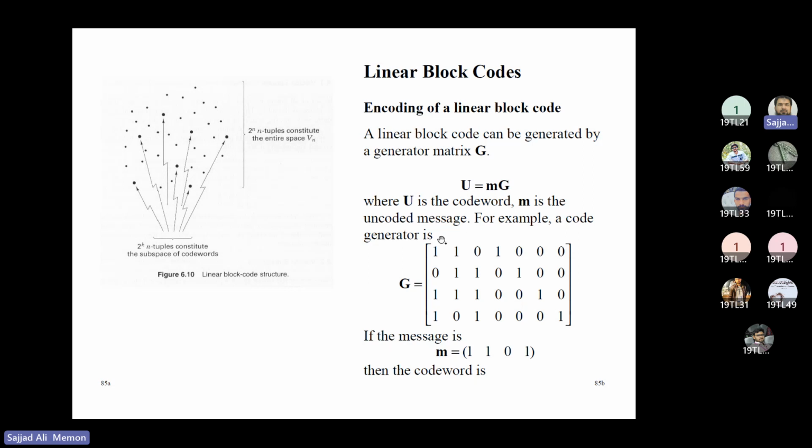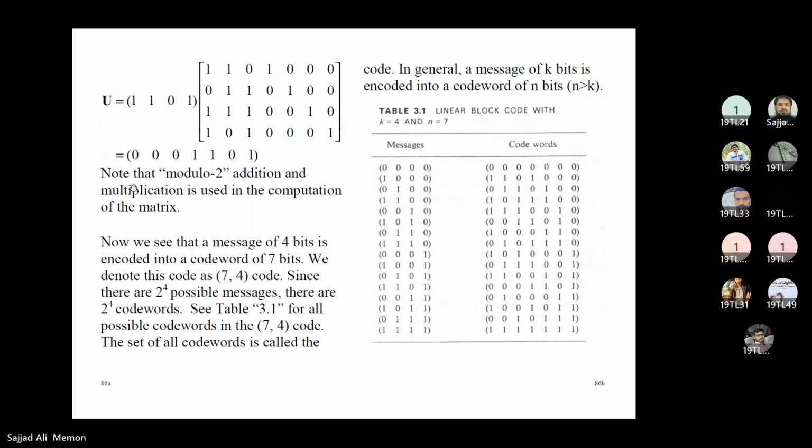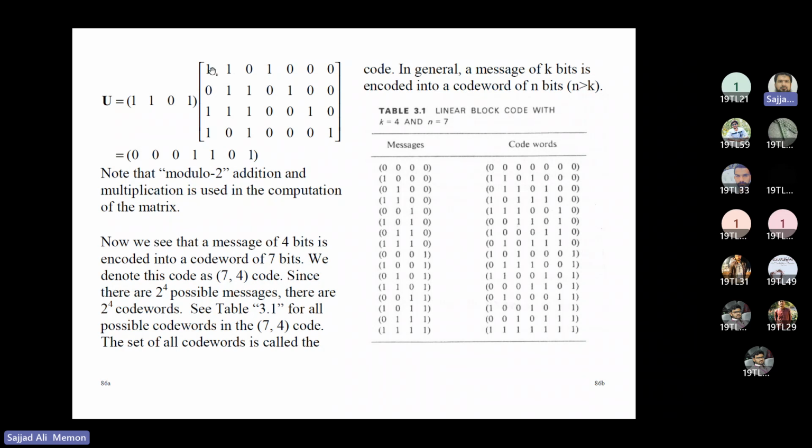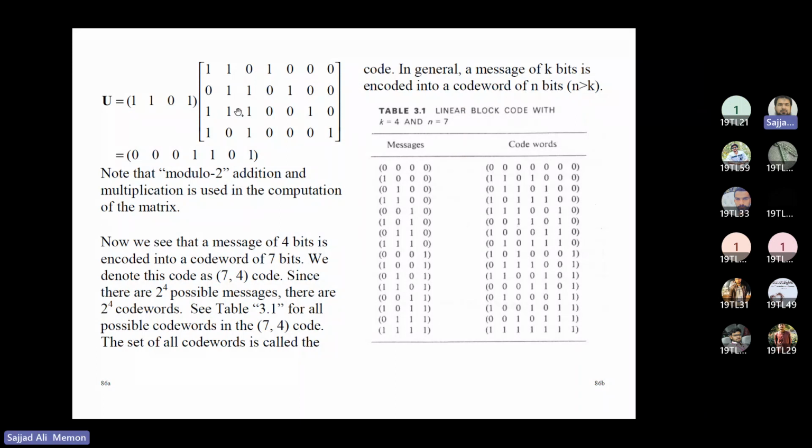For example, for a code generator G, if the message is M, then the code word is U. You can see that the first three bits are different, or you can say they are the subspace of a vector space of three-tuples: 110, 011, 111, 101, and the last 4-by-4 part is the identity matrix: 1000, 0100, 0010, 0001.